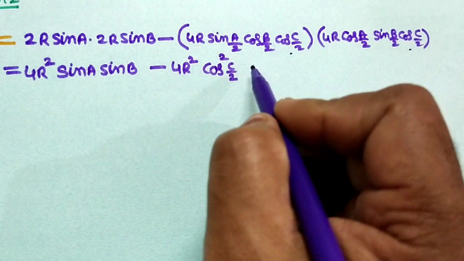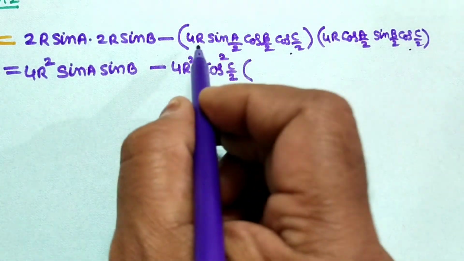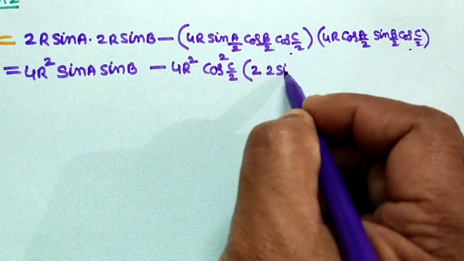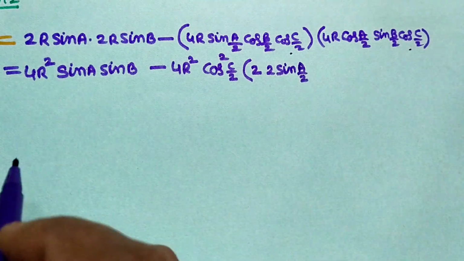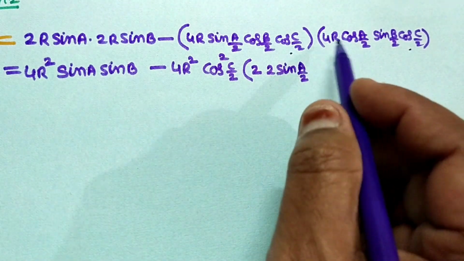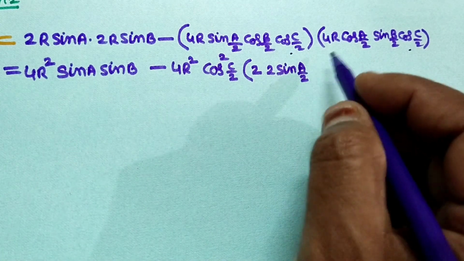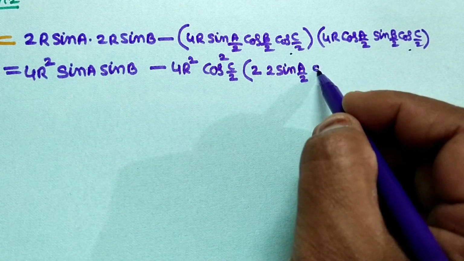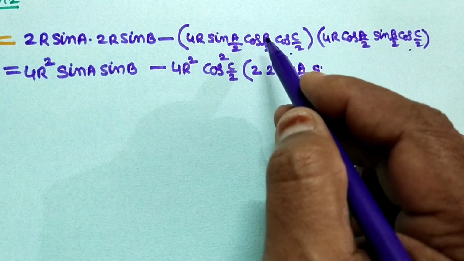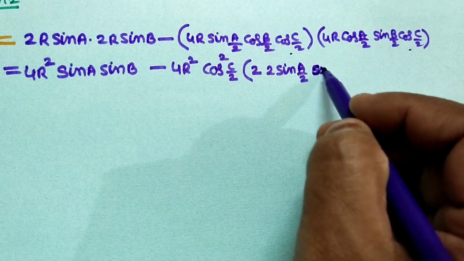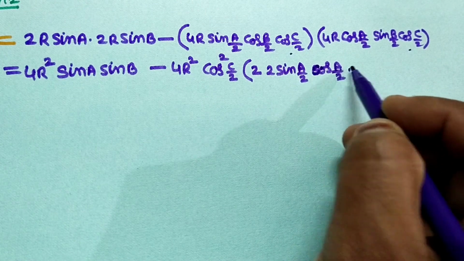So, the remaining terms, what I am doing is, here 4 is there, no? One of the two I am taking, sin A by 2 here. 4 can be written as 2 into 2. Sin A by 2, and cos A by 2 is also there, no? 2 sin A by 2 cos A by 2 take.